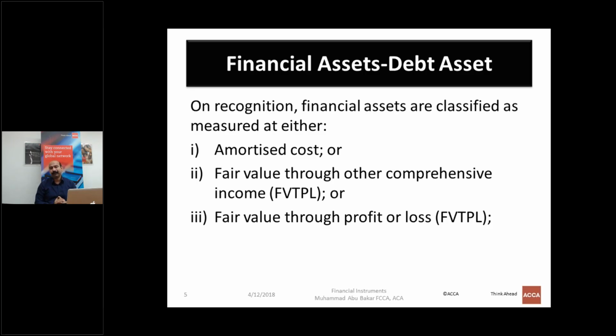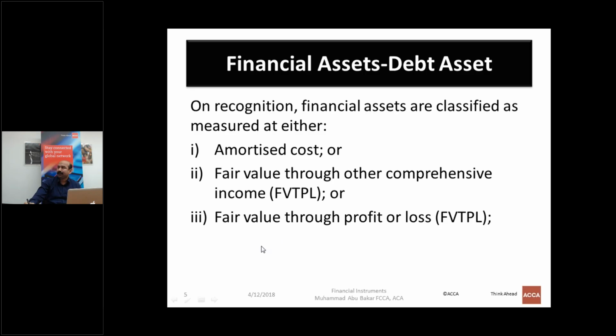Number two, you want to avoid accounting mismatch. You want to give a more appropriate presentation of that financial liability. Otherwise, you will be measuring your financial liability at amortized cost. This means amortized cost is the default position.